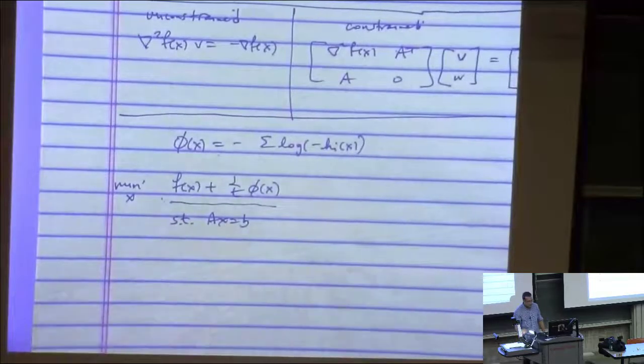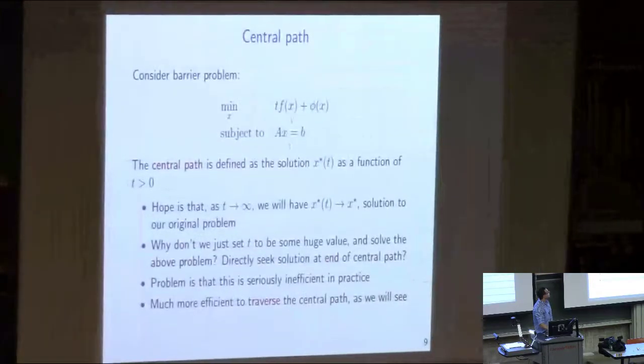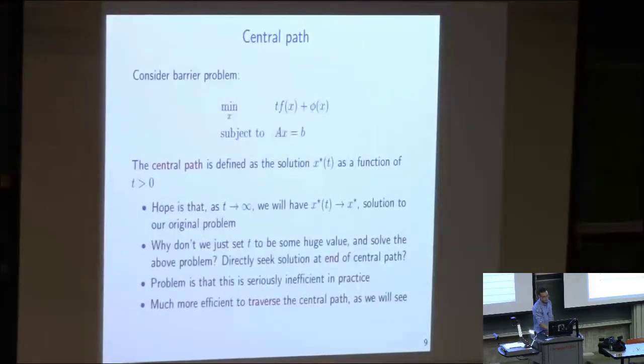And I've just multiplied the whole criterion by t, just really for convenience. So it's equivalent to this. Right, so the problem is to minimize t times f of x plus phi of x subject to Ax equals b. Phi is that log barrier function. f was our original criterion. These were our original constraints. And we denote the central path by x star of t, thinking about this as a function of t.